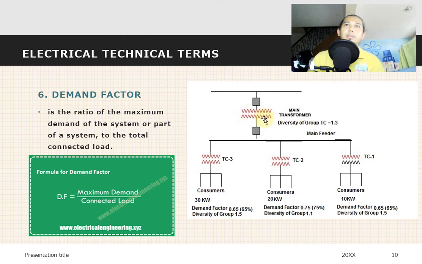Like this, this is the main transformer from the Meralco pole going to different consumers having different kilowatts, like 30 kilowatts, 20 kilowatts, and 100 kilowatts. So the electrician should know what kind of transformer to use for the demand required by the customers in their houses.